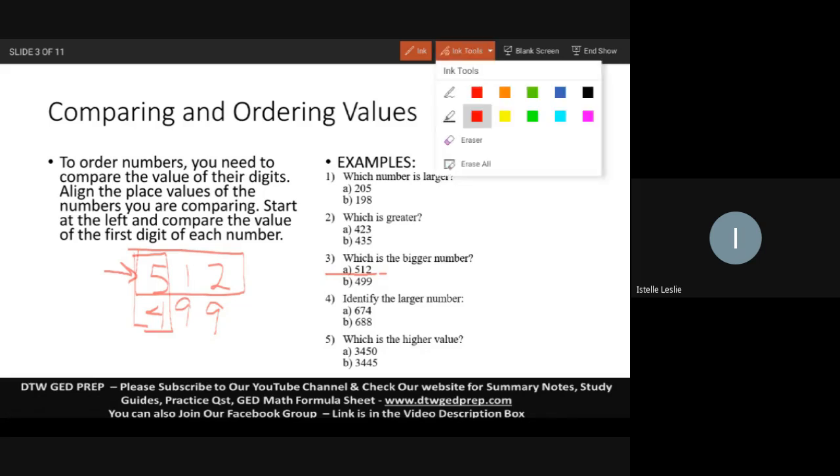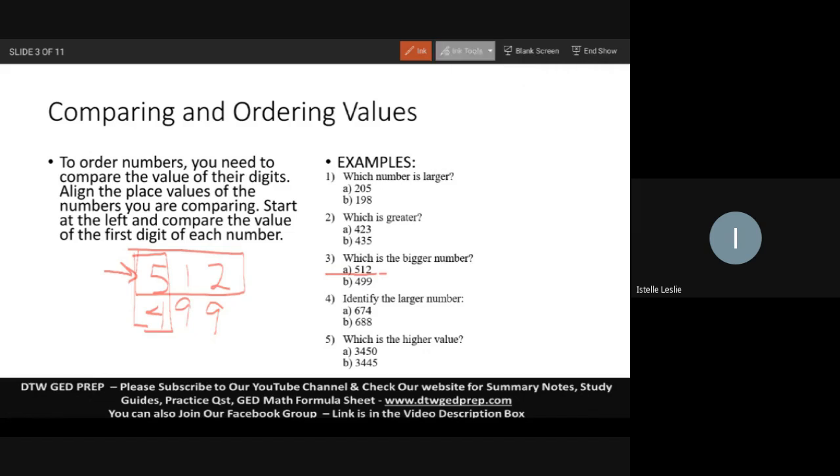Then if you move to 4, we are to identify the larger number. Same thing, just as we have been doing, we pick the ones, 4 and 8, align them together. We pick the tens, 7 and 8, align them together. And then we pick the 100, 6 and 6.